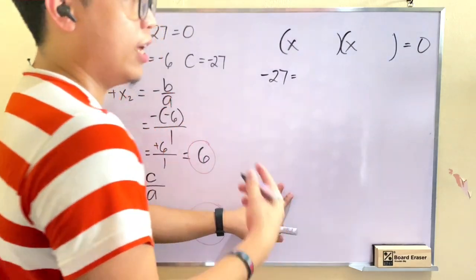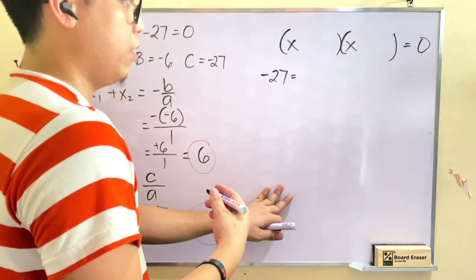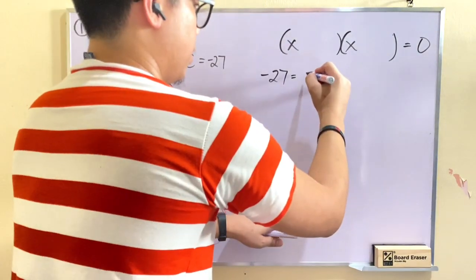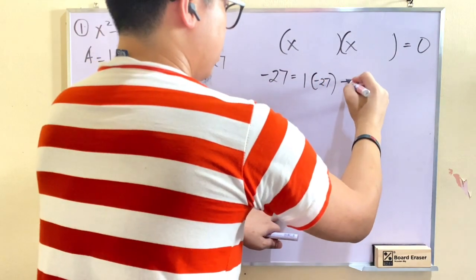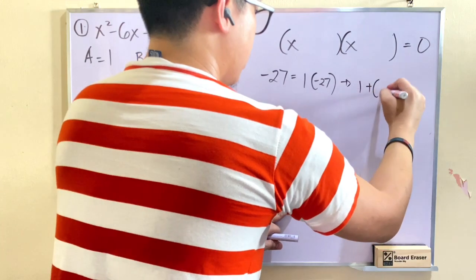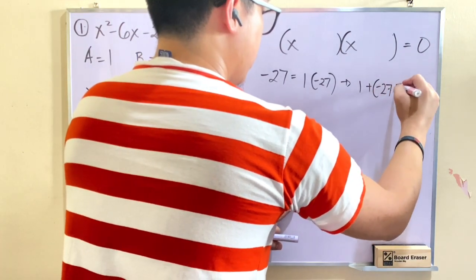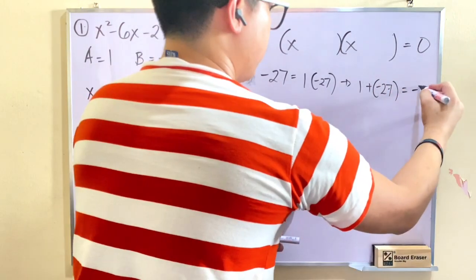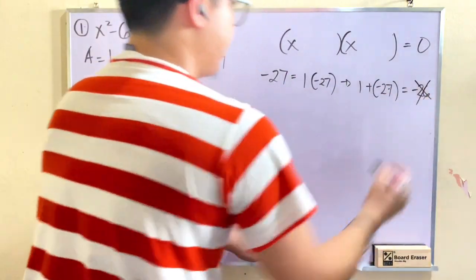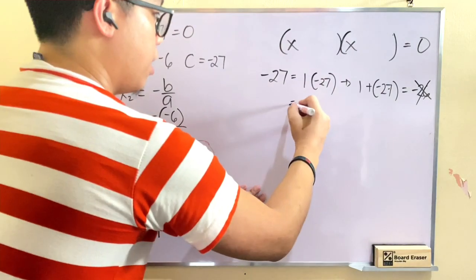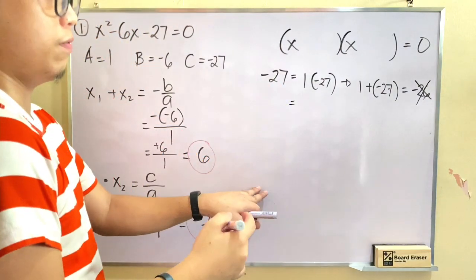Sulat na lang natin lahat ng factors ng negative 27. Pwedeng 1 times negative 27. So, 1 plus negative 27 equals to negative 26. So, hindi siya negative 6. So, hindi to pwede. Next, ano pa ang factors ng negative 27?